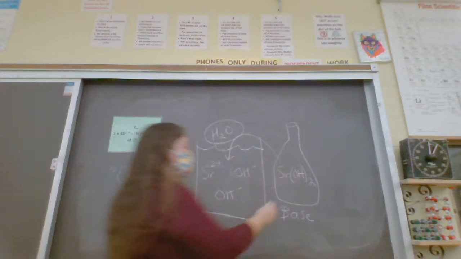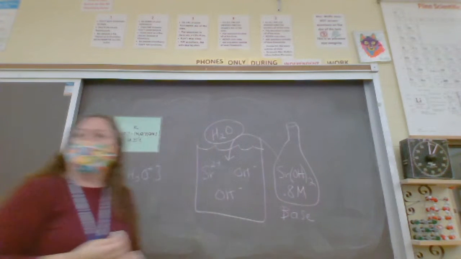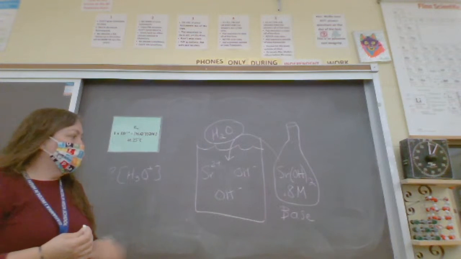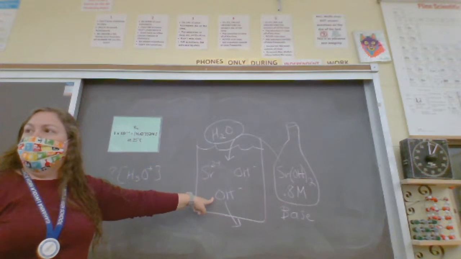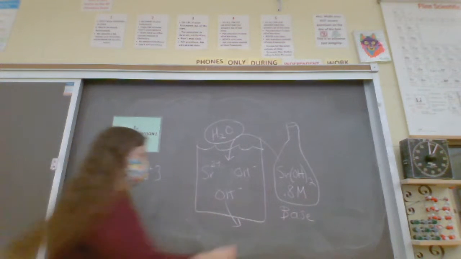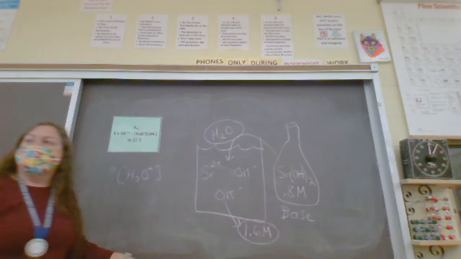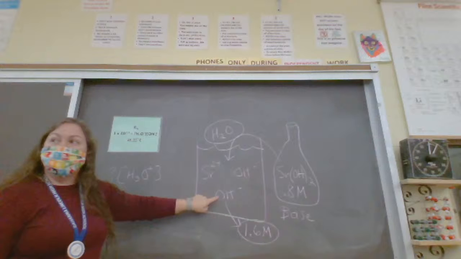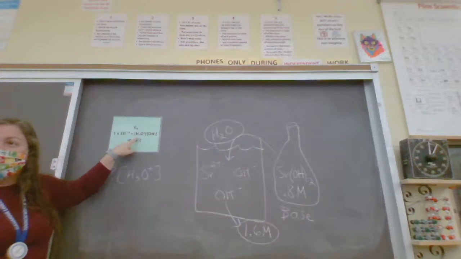So let's pretend that this bottle is labeled as 0.8 molar. Well, what's my hydroxide concentration then? 1.6 molar. Yes. 1.6 molar. That's my hydroxide concentration. If I have the hydroxide, then can't I solve for hydronium?